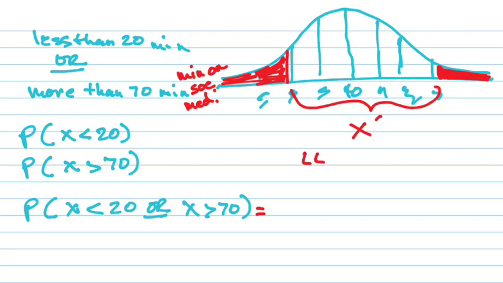What's our lower limit? 20. What's our upper limit? 70. What's our standard deviation? What's our mean? What's our value?